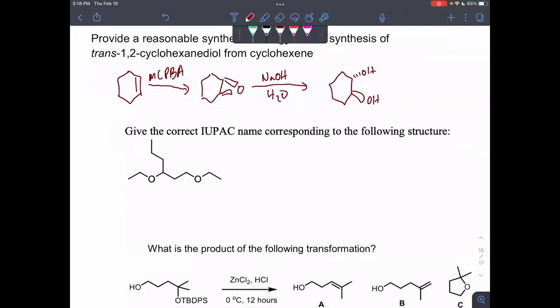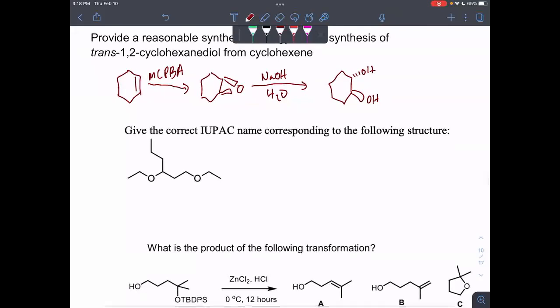Okay, so this one, we're trying to name something that has some ethers on it. So what's step one of IUPAC? Yeah, so what's the parent chain? Yeah, so one. So we have hexane, and then what are our substituents? Diethyloxy?